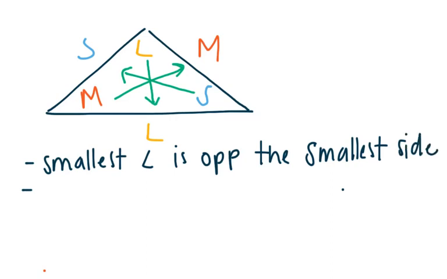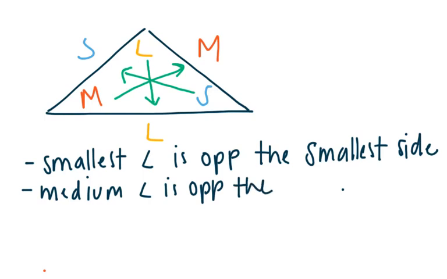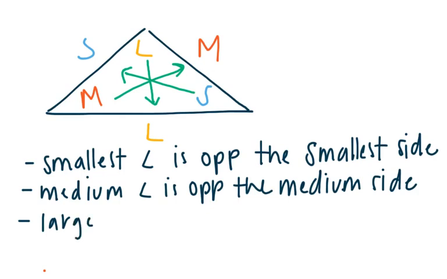Then the medium angle is opposite the medium side. And last, the largest angle is opposite of the longest side.